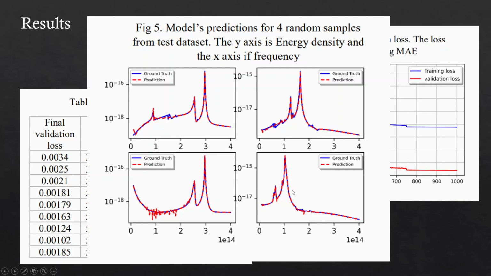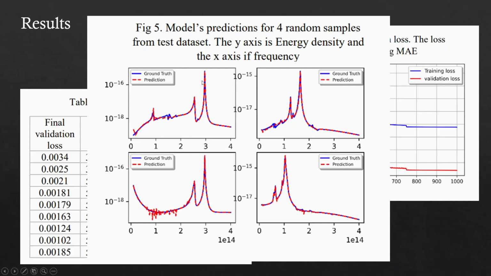For us, it's very important that the model be able to predict the peaks, these regions. Very good, and this is the case here, because when you want to measure the total energy, we need to get the integration of the area under the spectrum.